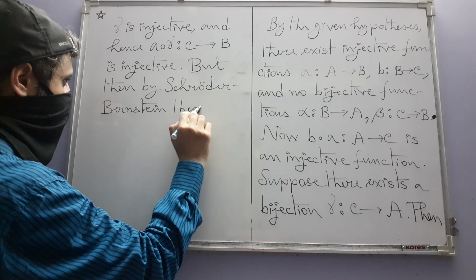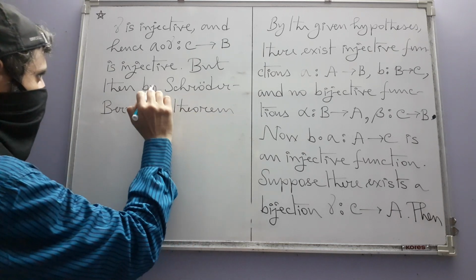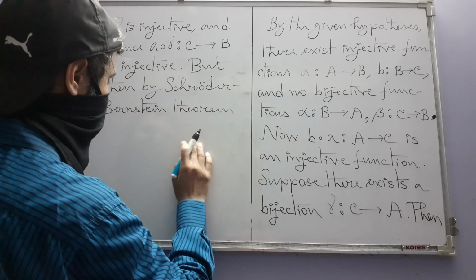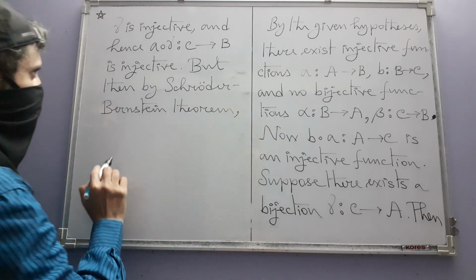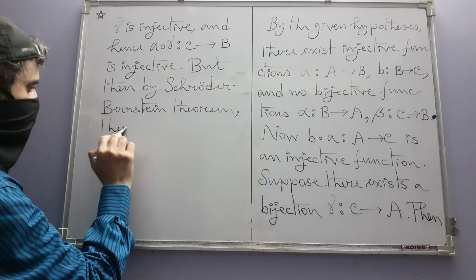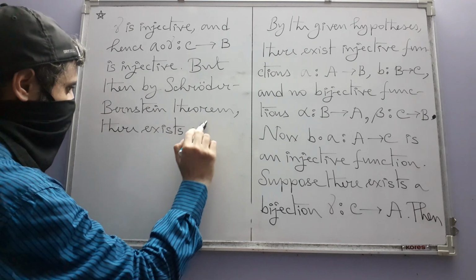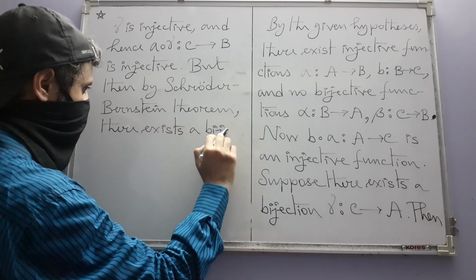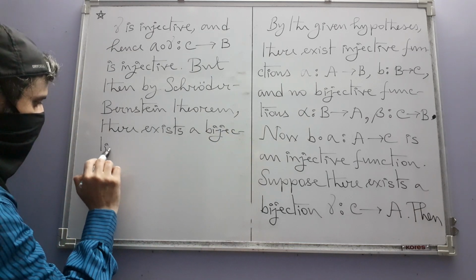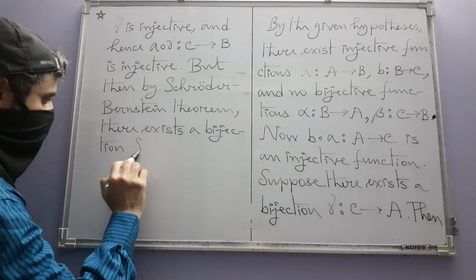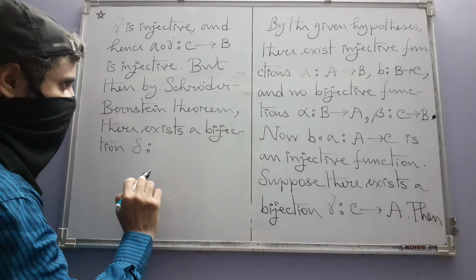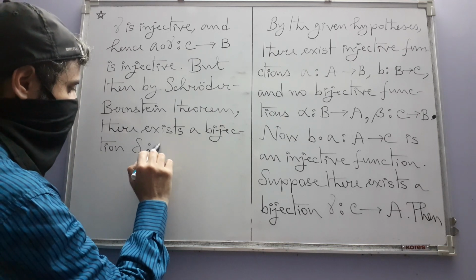By this result, there exists a bijection, say, let me call it delta, between B and C.